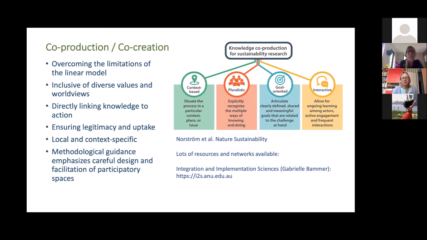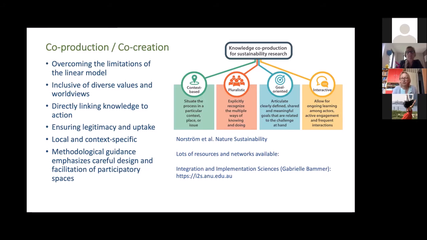And I would emphasize there's an abundance of methodological guidance. What this methodological guidance mostly stresses is the importance of careful design and facilitation of these participatory spaces. And I listed an example here recently from the domain of sustainability by Albert Nordstrom, but there's lots of other things available.